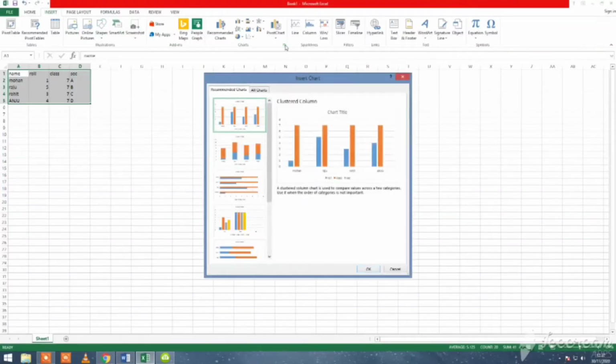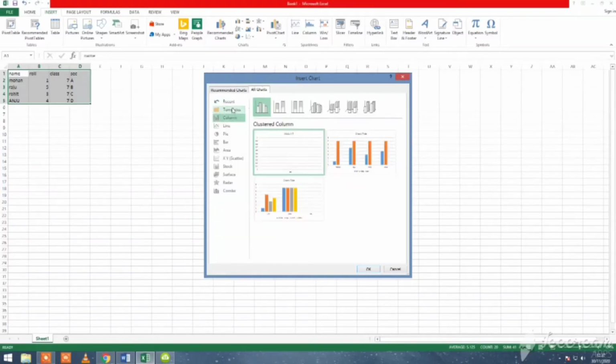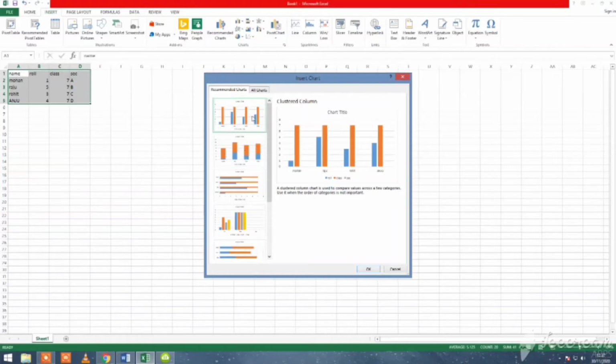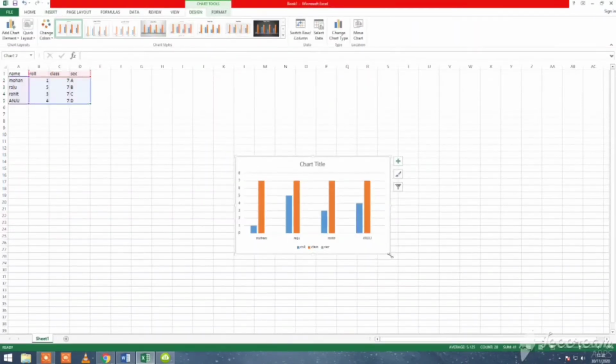Choose the chart option, select any chart. You know that on screen there are different charts, line chart, bar chart, pie chart, and any chart is available in MS Excel. Okay, select.